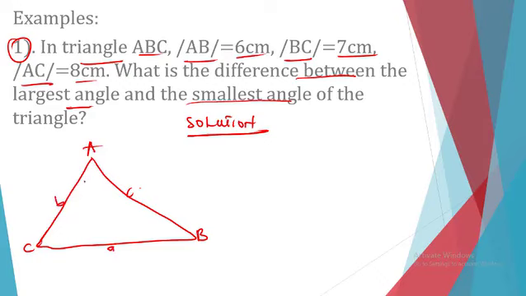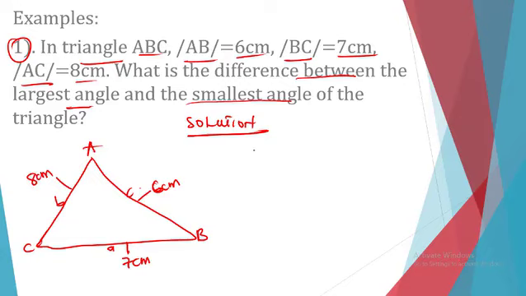We are told that line AB, which is here, is 6 cm. Line BC, which is here, is 7 cm. And line AC, which is here, is 8 cm. And then the question is, what is the difference between the largest angle and the smallest angle of this triangle?